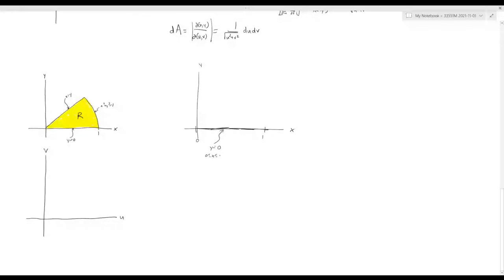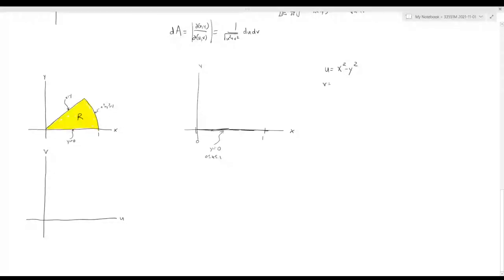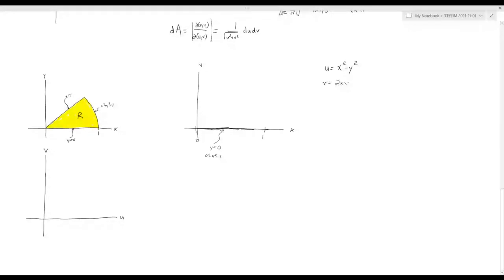And then let's look at our change of variable.